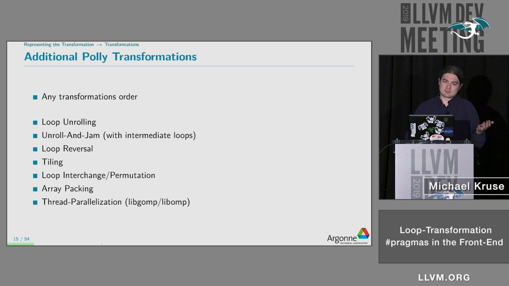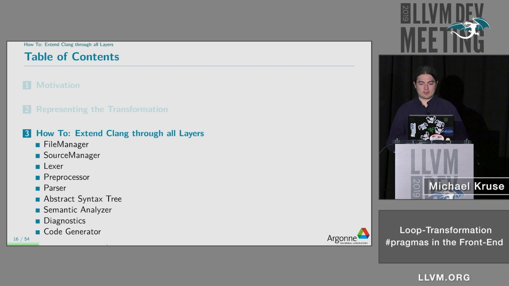The transformations in the current LLVM pass pipeline are restricted by the order in which they are executed, so it cannot actually execute in all orders. This is something that can be fixed inside Polly. In addition, I also support more passes: tiling, loop reversal, something like array packing, loop interchange, and so on. So this concludes my part about the things specific to loop transformation.